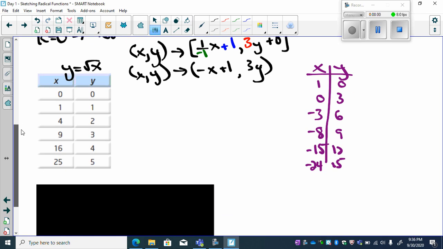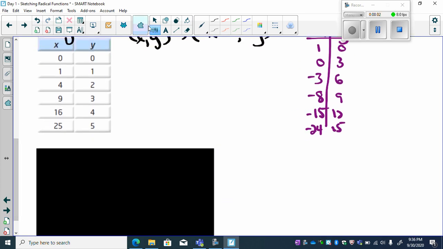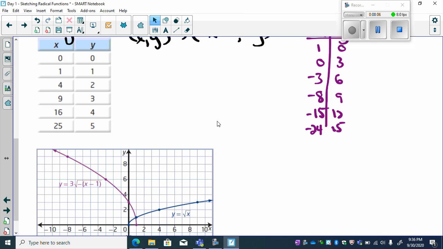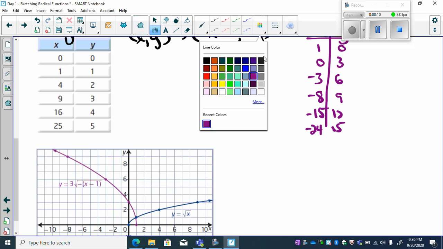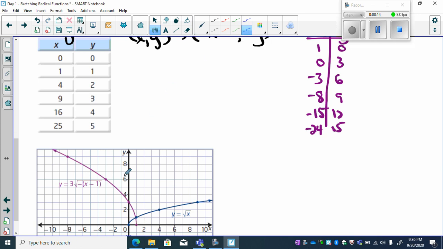And then I would plot these points. Under here, when I delete this, you should see the curve. (1, 0), here it is. So there's the end point. Remember, the blue curve is here. Here's the (0, 0) end point, (1, 1), (4, 2), (9, 3), and so on. Notice there's an end point and an arrow.